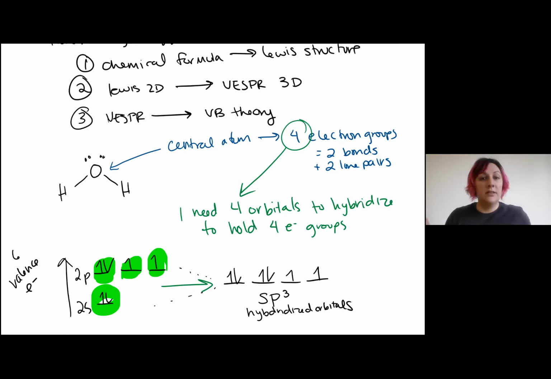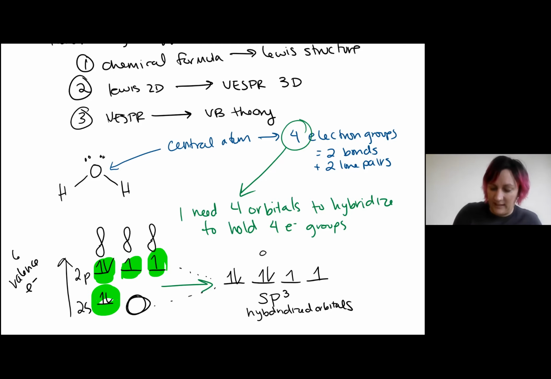All right, it looks really similar to what we had before, except remember the s orbital is just this circle, and these are each these p orbitals like this. So this will allow us to arrange 4 orbitals that all look the same, with a little nubbin like this, around the oxygen, so they're all equally far apart, and they have that 105 to 109-degree bond angle.